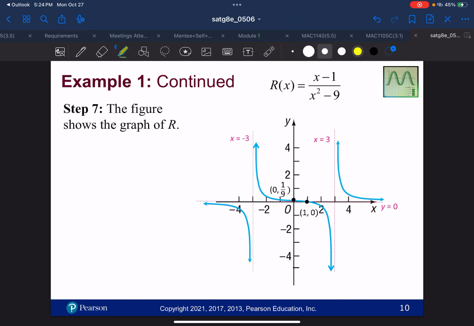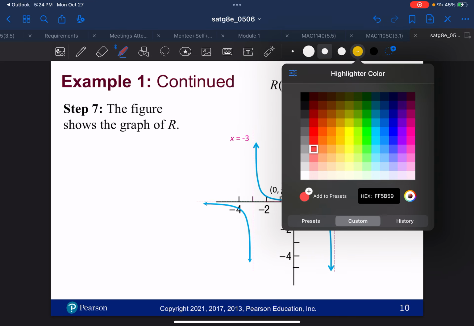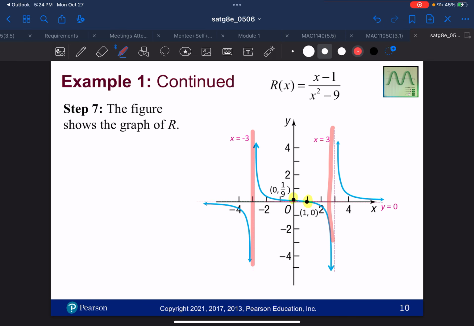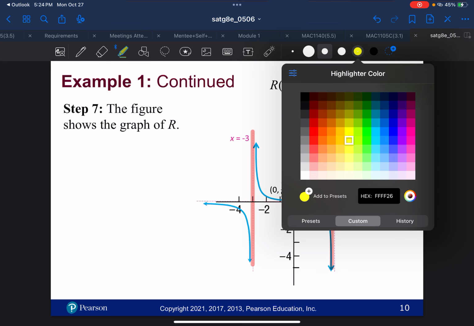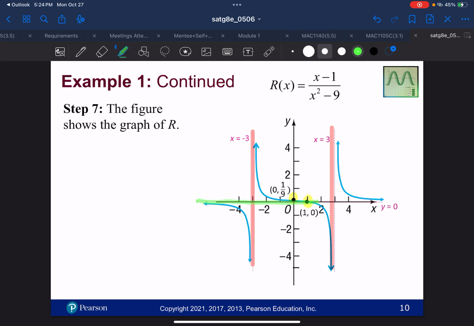So here is a more detailed picture of that graph with our y-intercept, our x-intercept, our vertical asymptotes, and then our horizontal asymptote. So the other ends of the graph are kind of tending towards that horizontal asymptote, but the part in the middle will cross that horizontal asymptote.